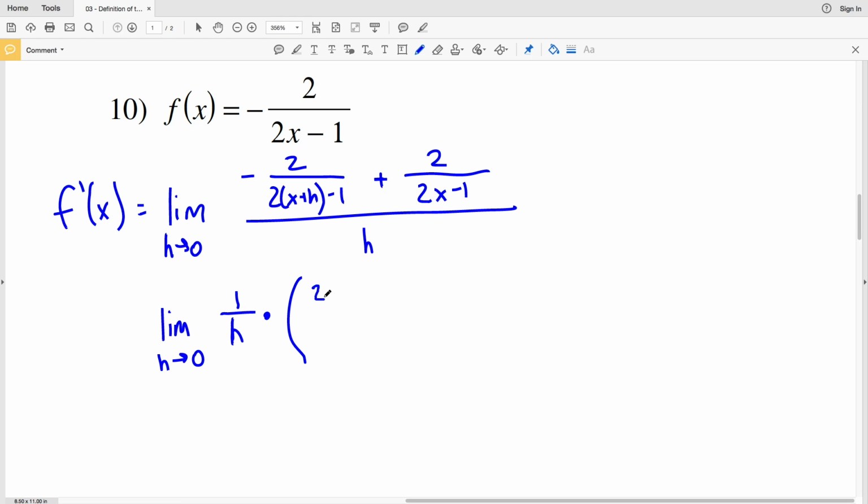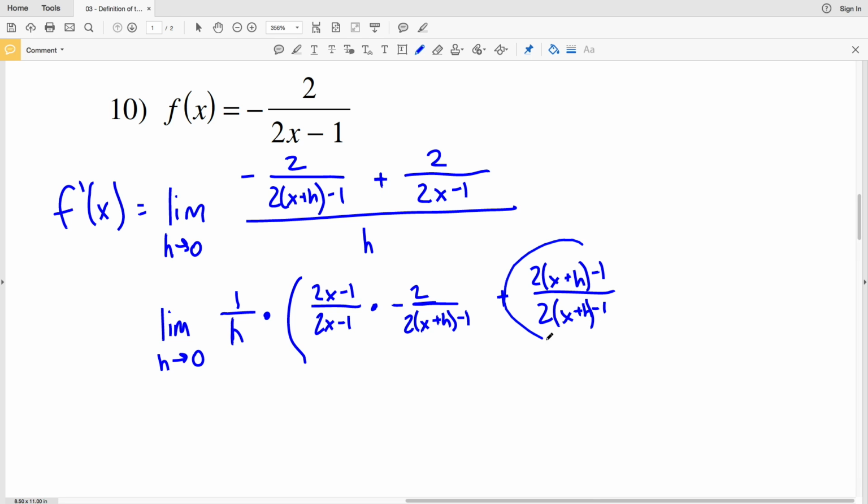And that's going to be 2x minus 1 over 2x minus 1 times this first fraction, negative 2 over 2 times x plus h minus 1, and then I'm going to be adding 2 times x plus h minus 1 over 2 times x plus h minus 1. So you can see that this equals 1 times my second fraction, 2 over 2x minus 1.